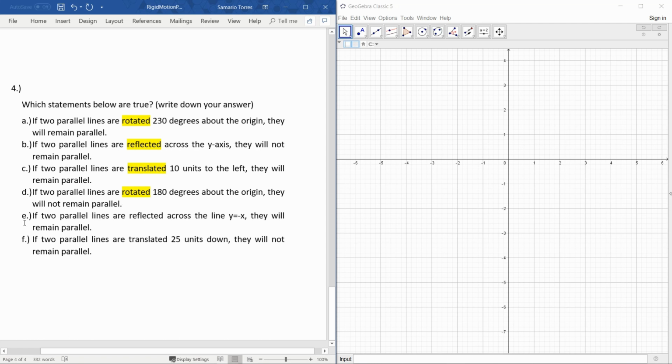This one says if two parallel lines are reflected, there's another important one, across the line y equals negative x, they will remain parallel. So what's important here is to look at reflected, right? If two lines are reflected across some line, they will remain parallel. Is that true? And the last one is if two parallel lines are translated, there's another important word, 25 units down, they will not remain parallel.